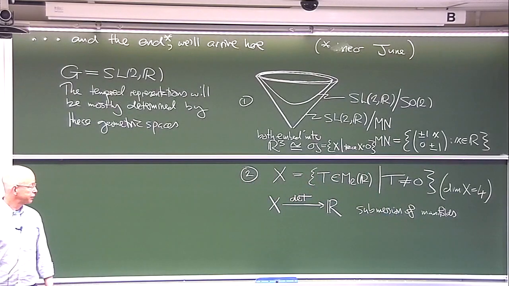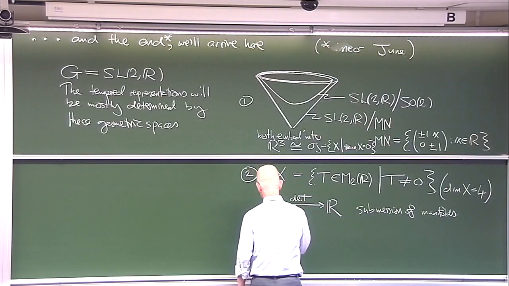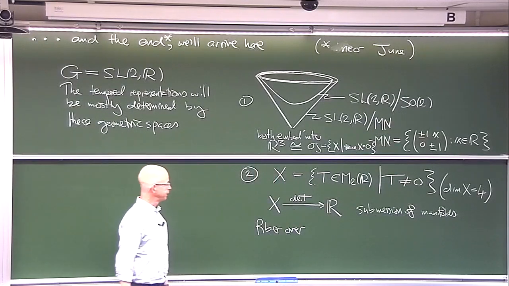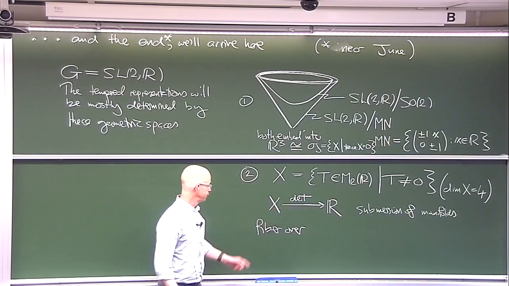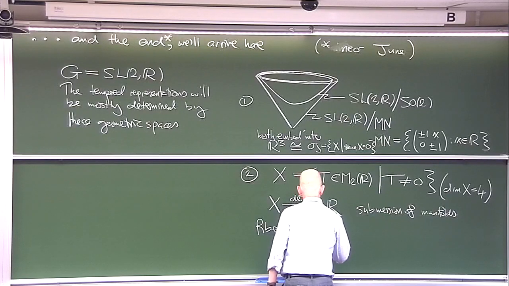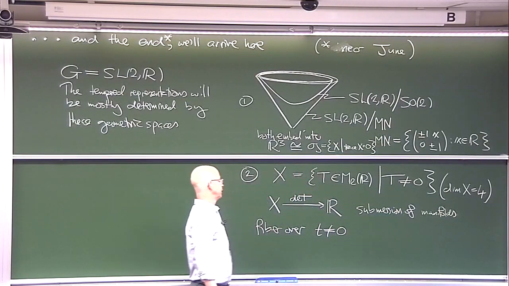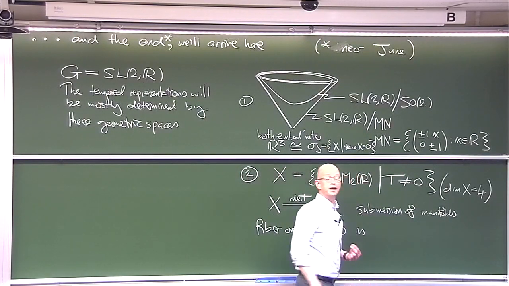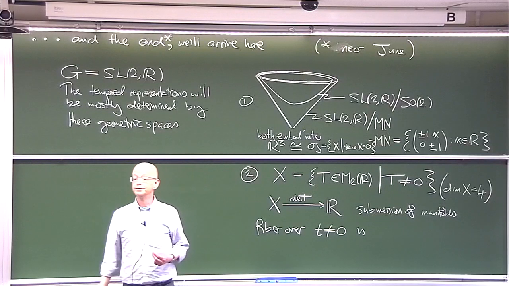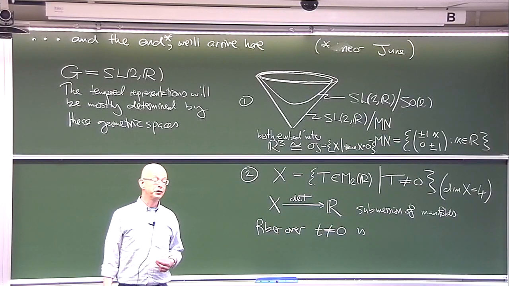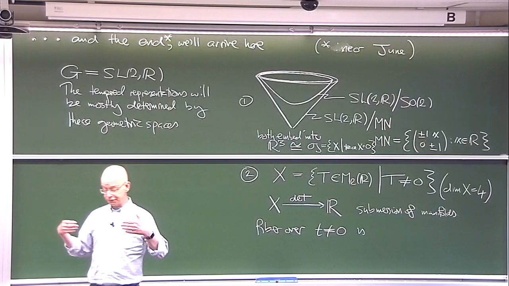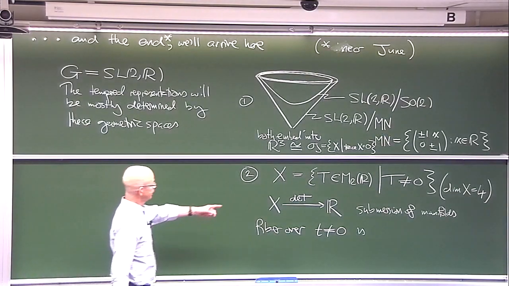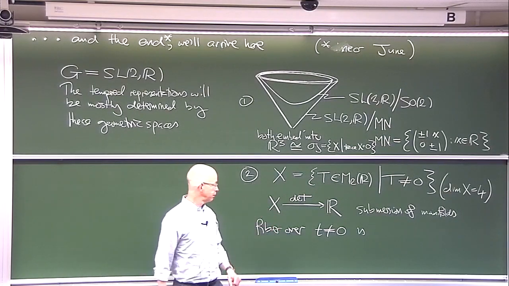But it's rather interesting to think about what fibers of this map are, the point inverse images of this map. The fiber over a typical point T, typical means anything except 0. So it's a set of all matrices with determinant some number T. Okay? If you have any 2 matrices with determinant T, as long as T is not 0, they differ by multiplication by a matrix of determinant 1. So each fiber is a single copy of SL2R.